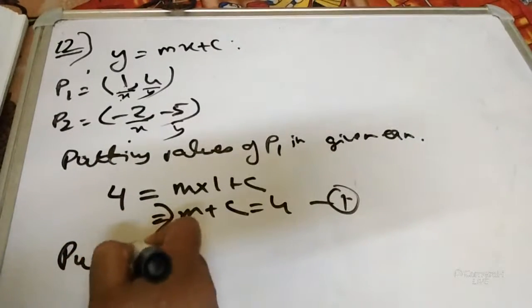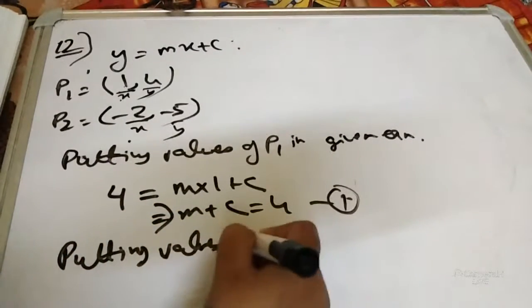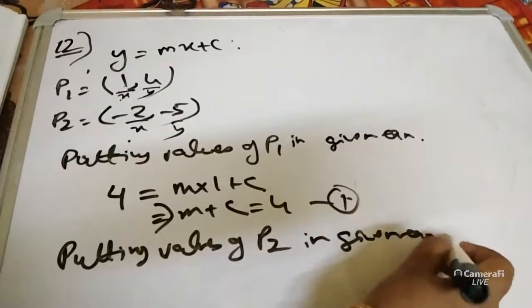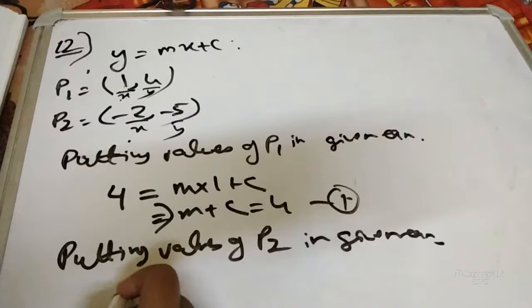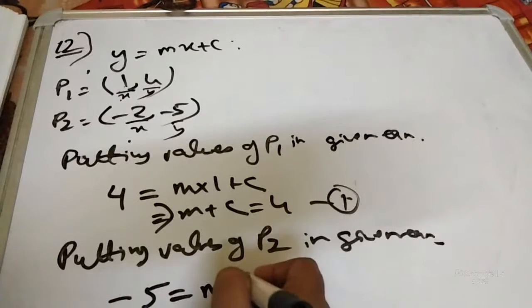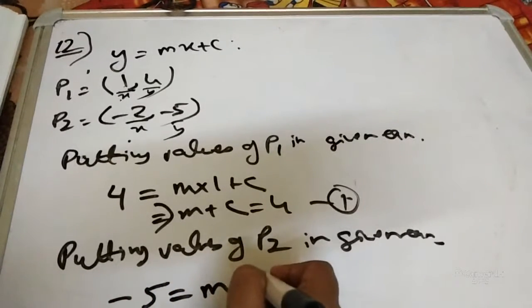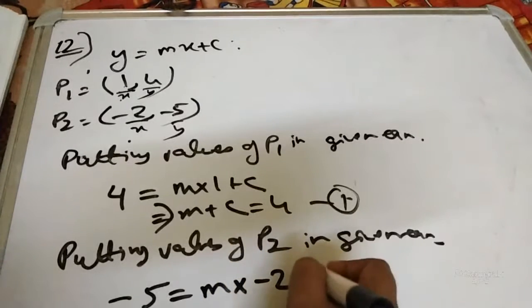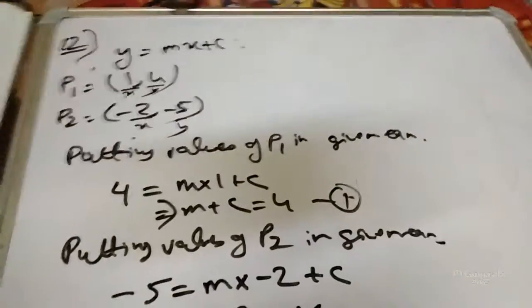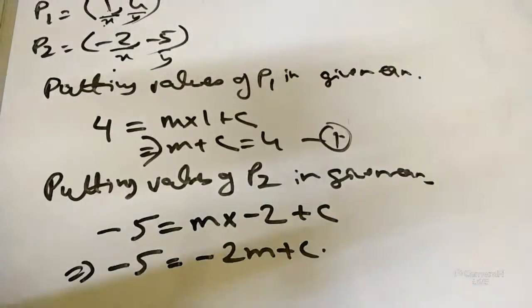For finding it out, we will put the values of p2 in the given equation. We get y is minus 5. Minus 5 is equal to m into minus 2 plus c. So minus 5 is equal to minus 2m plus c.